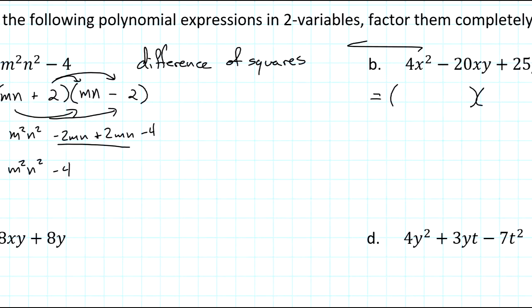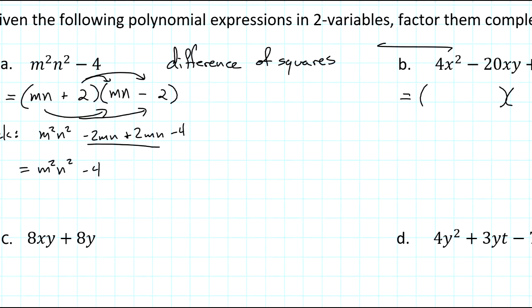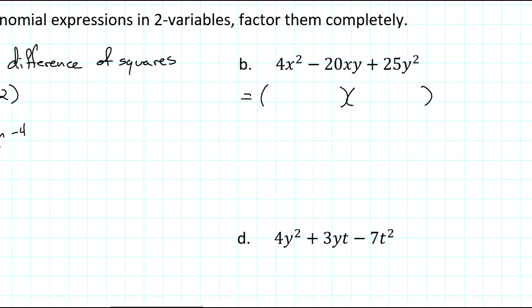I'm going to notice that the 4x squared is a perfect square, and the 25y squared is also a perfect square. So I'll just say these are perfect squares.